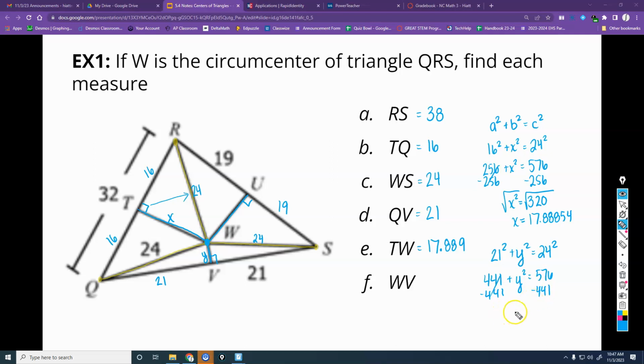We get 135. And then we must square root both sides. So square root of 135 is going to give us 11.619. Round to 3 places, so 11.619 for that.